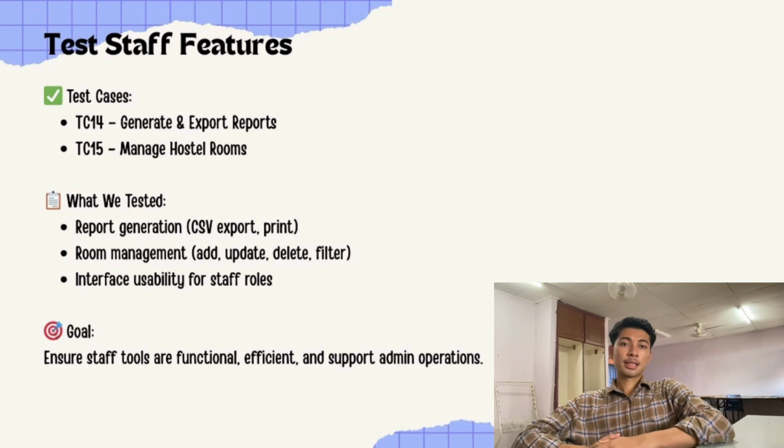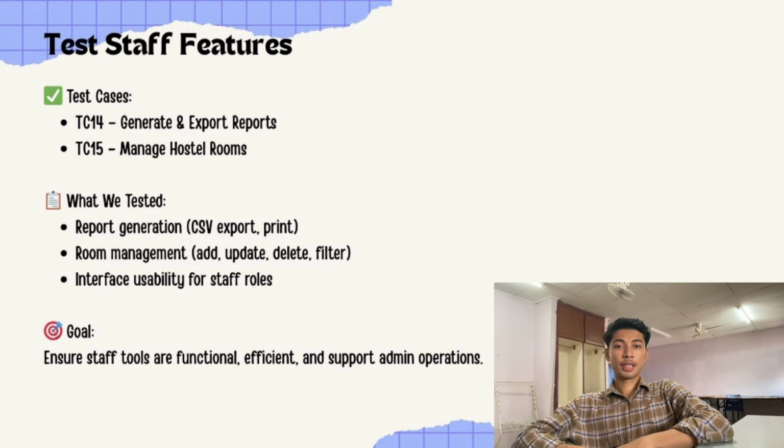Lastly, we test the staff's utility features, including test cases 14 and 15. In test case 14, we test the reports module, where staff can view and export reports based on rooms, applications, or by student course. We confirm that the CSV files are generated with the correct headers and that unauthorized users cannot access this page directly.